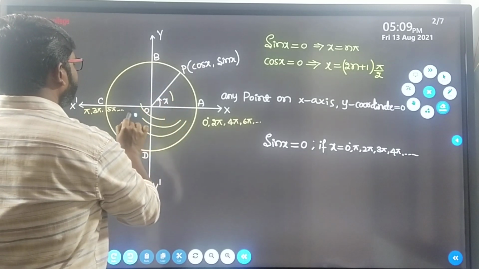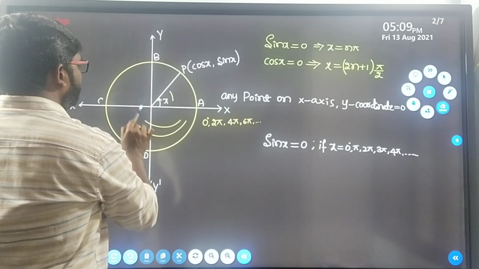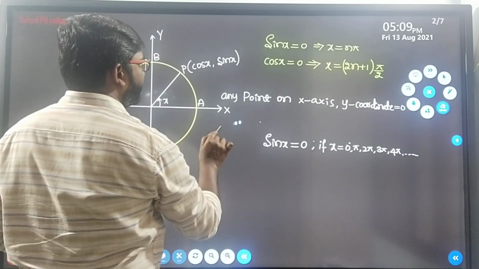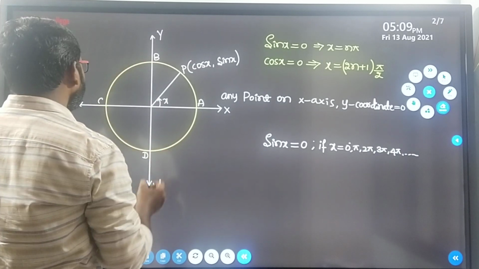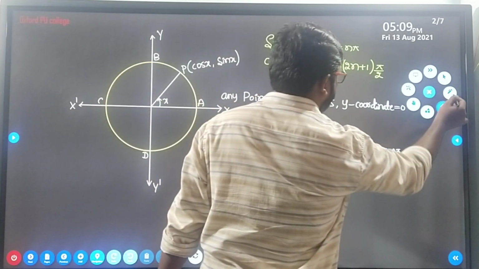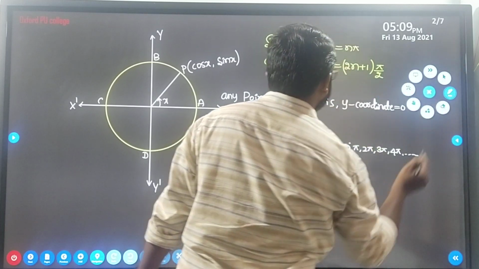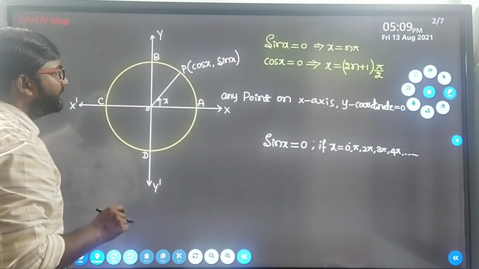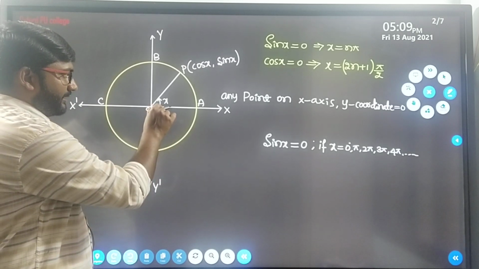So I'll be considering the angles which we measure in the clockwise direction. Now this is the center of the circle. I'll start from this point.